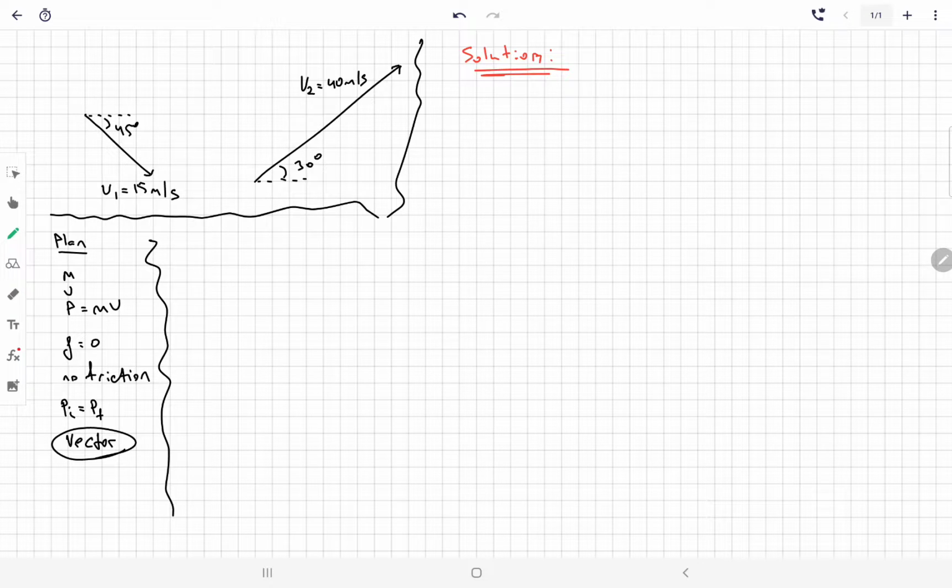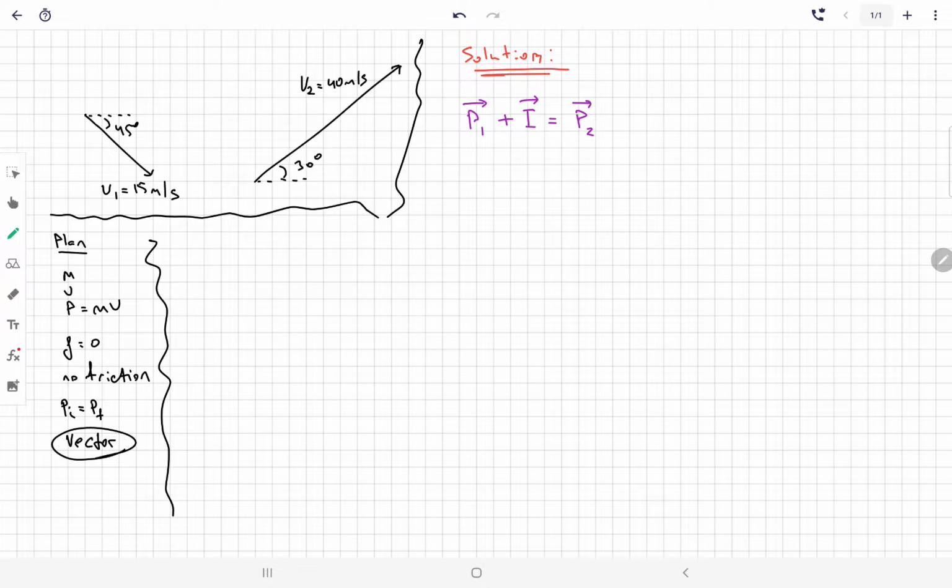So momentum is conserved. So basically initial momentum, plus someone is delivering, applying impulse, which is unknown, which we should find. We know that impulse is a vector. We don't know its direction. So that's why I'm writing in general form, in vector form. It will be equal to final momentum. Let's call it P2.